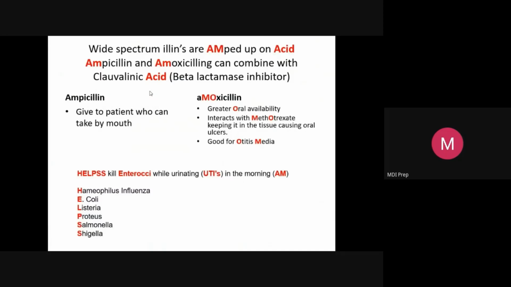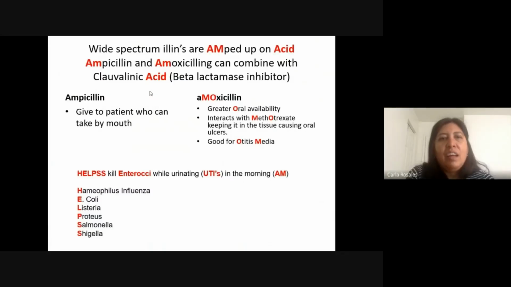Okay. What about this one? We have two types of penicillin too: ampicillin and amoxicillin, and both we can combine with clavulanic acid, which is a beta-lactamase inhibitor. Why?